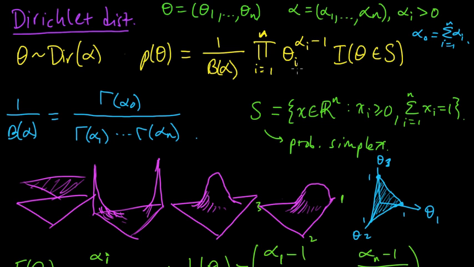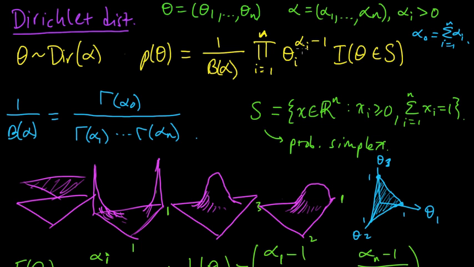So we get something like 1 over theta to the 1/2, and that means that when theta 1 is going to 0, the density is going to infinity.